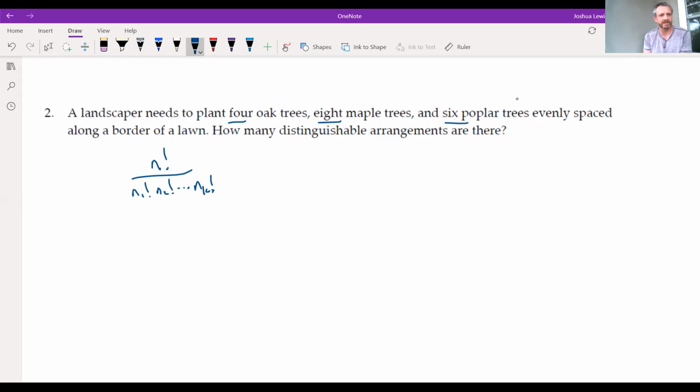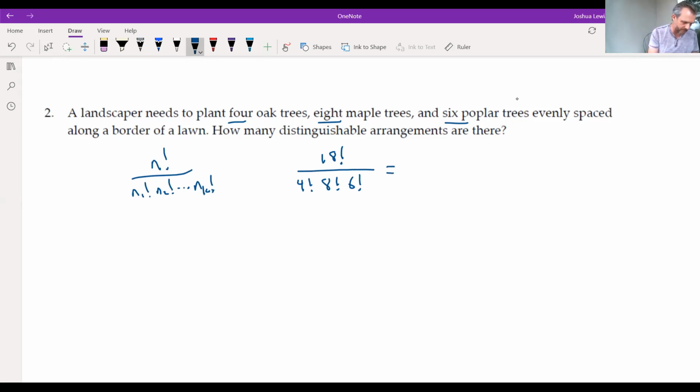What I want to notice is how many objects there are total. Well, 4 plus 8 is 12, plus 6 is 18. So there are 18 total objects, and then the repeats: 4 oaks, 8 maples, 6 poplars.